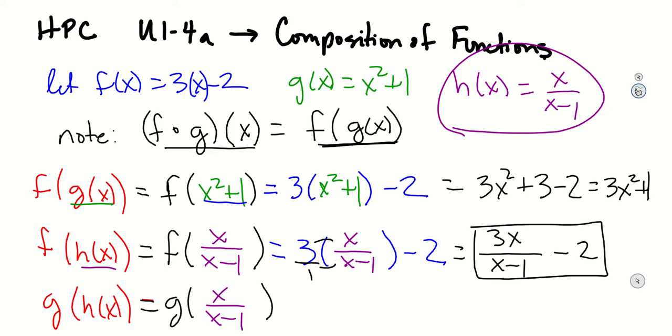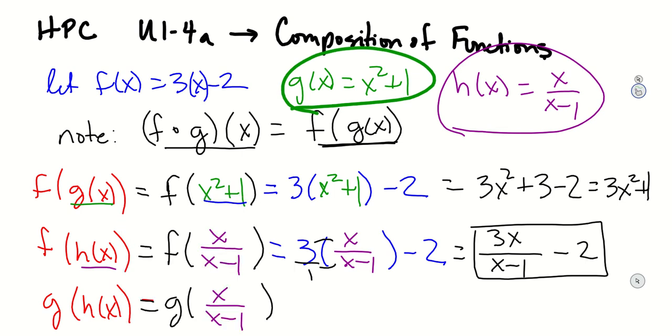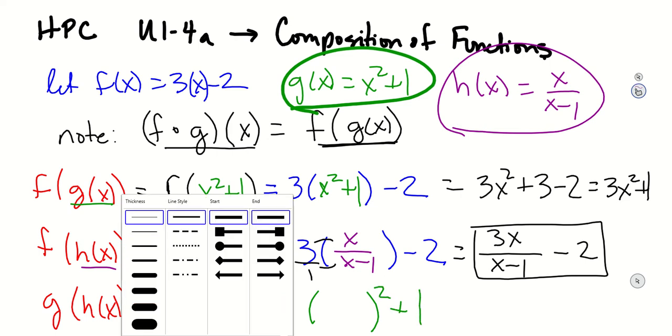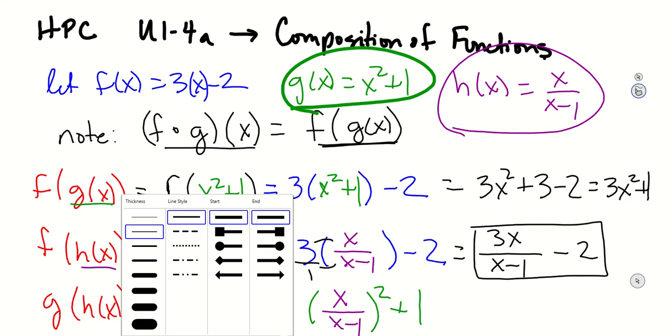So our g function is this one. When we evaluate that, we're going to take our input in place of x, square it, and add 1. And what we're going to put in where x was is h, which is x over x minus 1. What's left now is to square that.